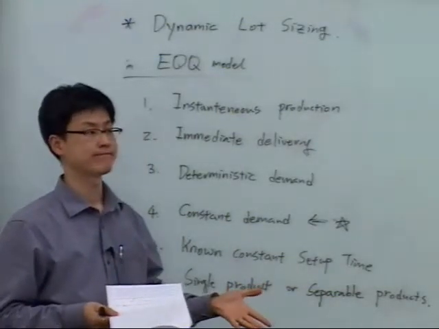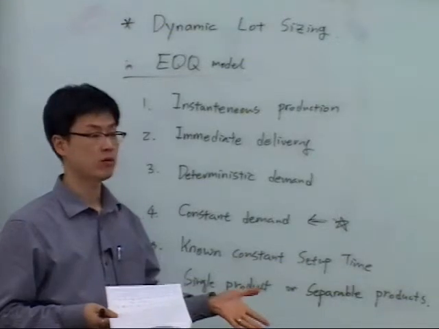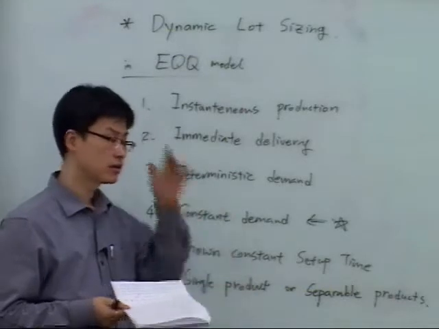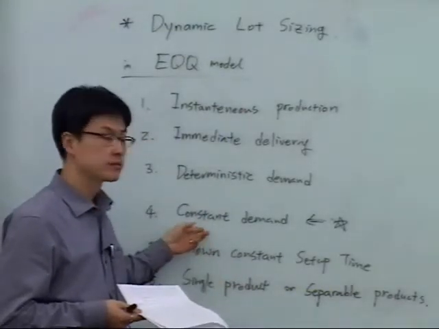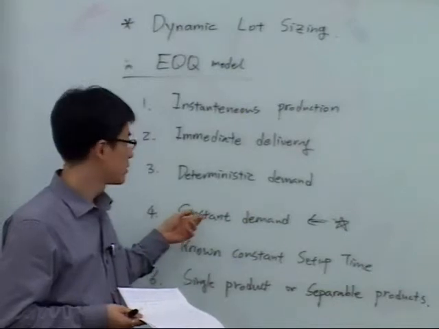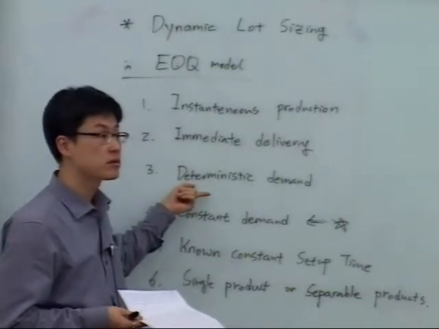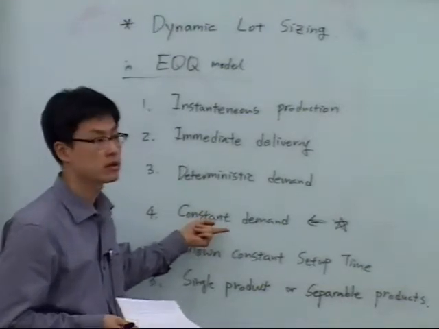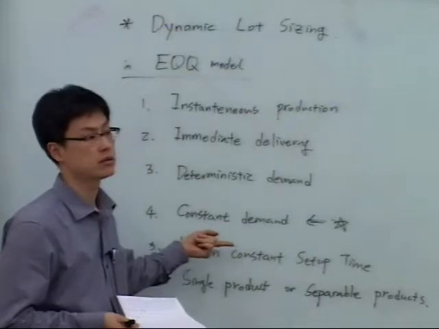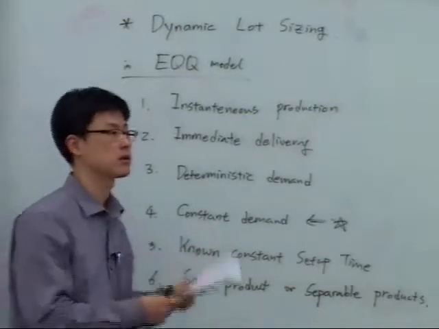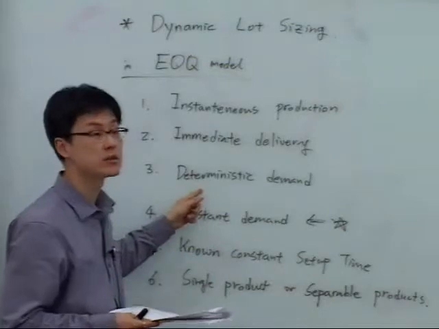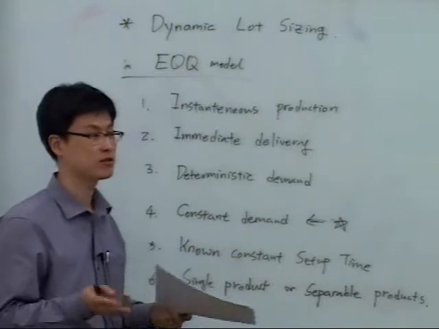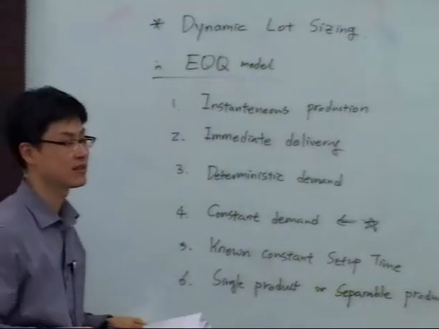Is it possible? Yeah, of course. Since we already said it's deterministic, no random or stochastic demand, but not constant. It's varying, but deterministic. Can you guess what that case is?